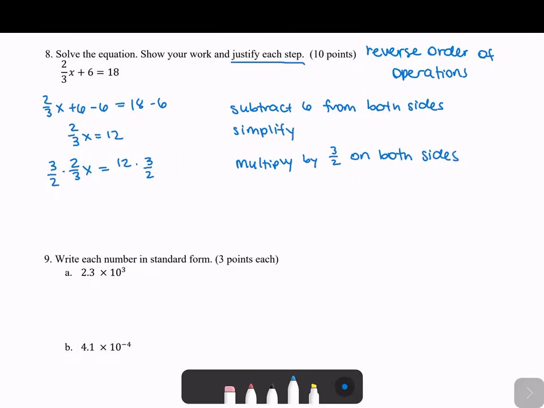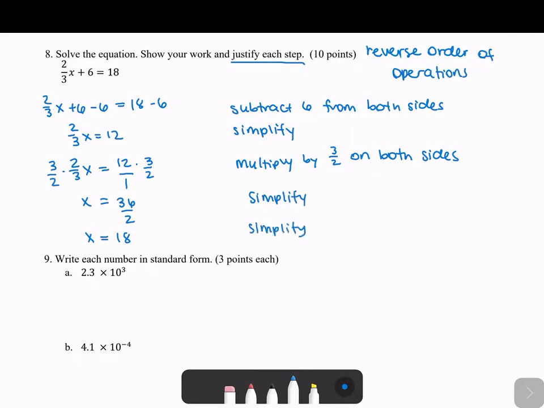Okay, when I do that, I know that when I multiply reciprocals, I'm going to get 1. So this is just going to be x on this side, and 12 times 3 divided by 2, which is, if you just multiply straight across, you can think of 12 being over 1. This is 36 divided by 2, and so x equals 18. And these steps are just simplifying.